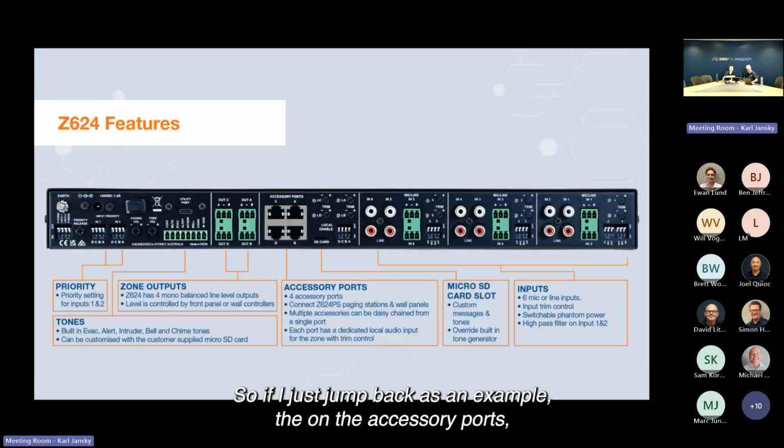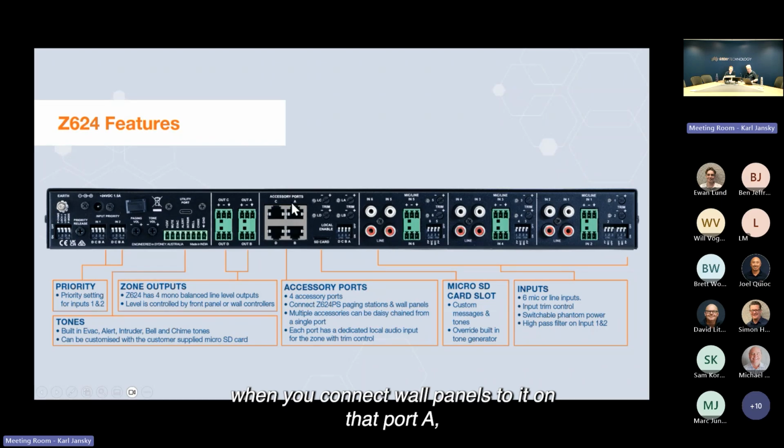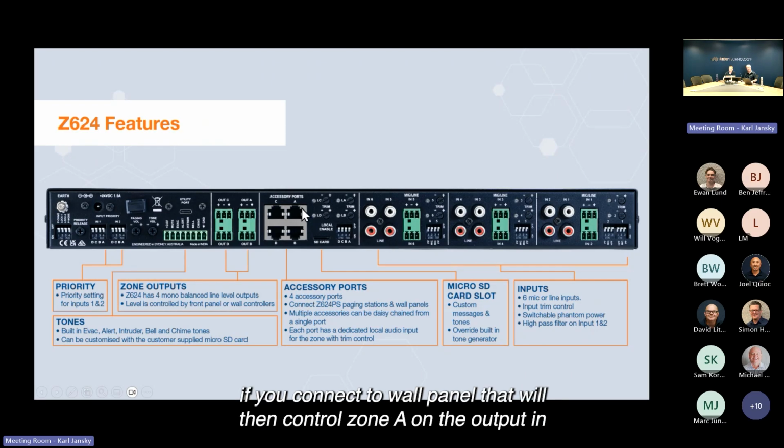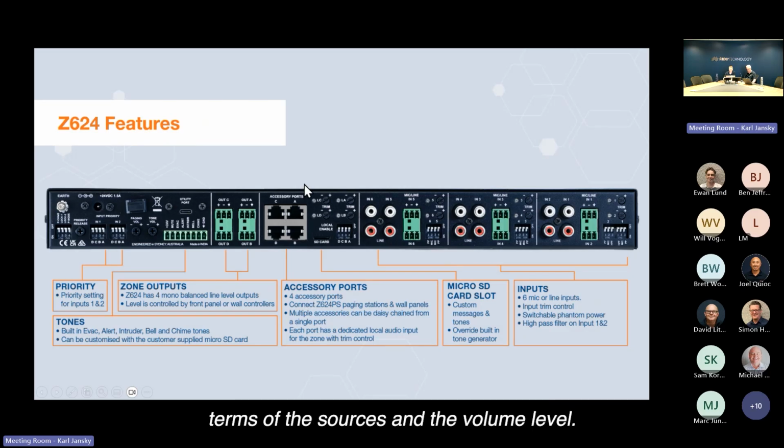So if I just jump back as an example, on the accessory ports, when you connect wall panels to port A, that will then control zone A on the output in terms of the sources and the volume level.